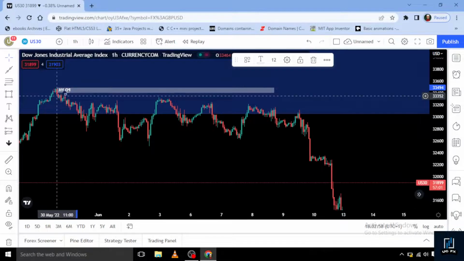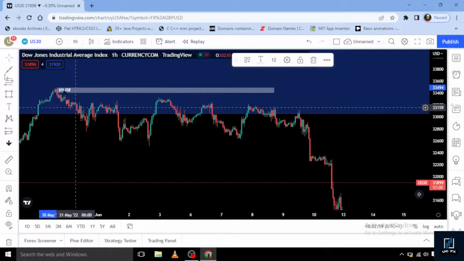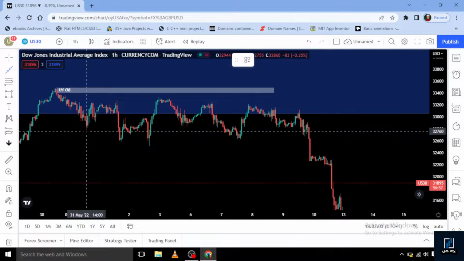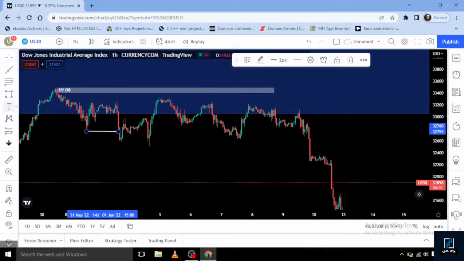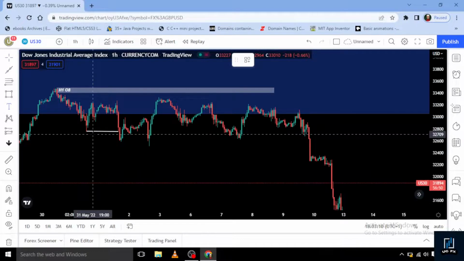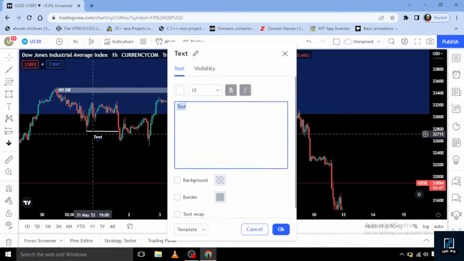So remember, we need to wait for breakout structure. As you can see, we had a breakout structure here. So we marked it out as well, BOS. And after that, what next?